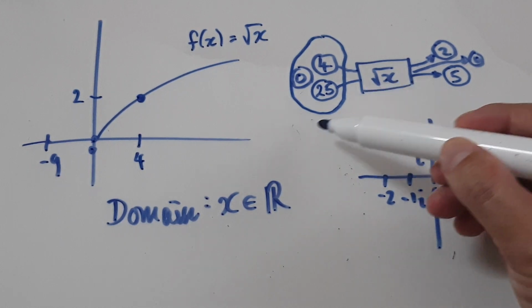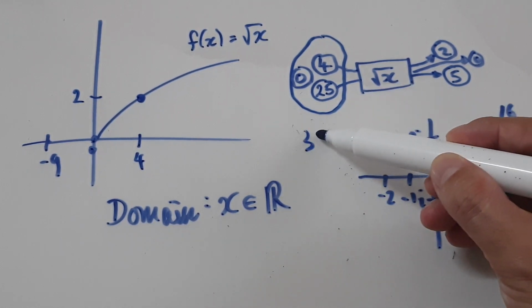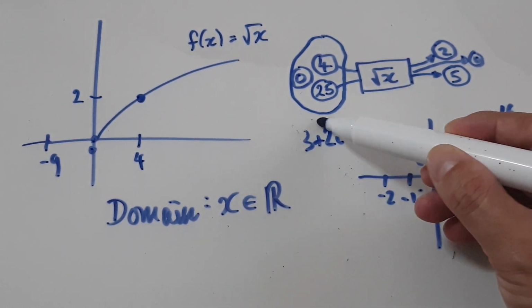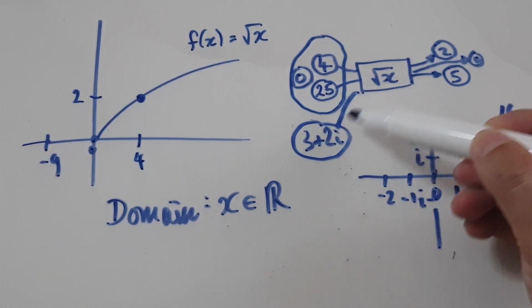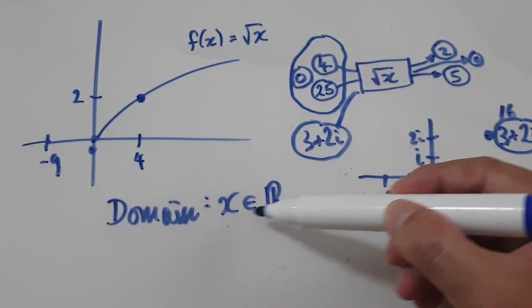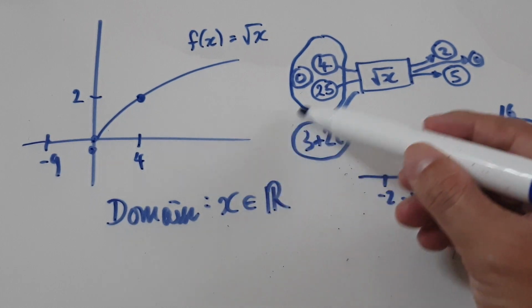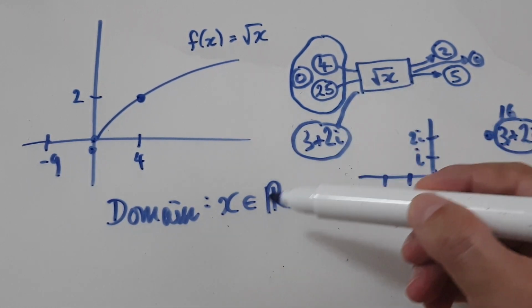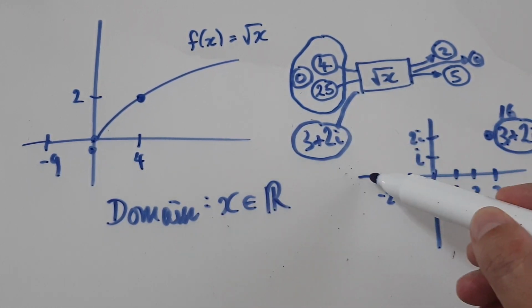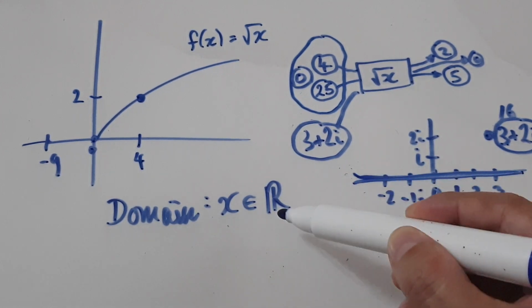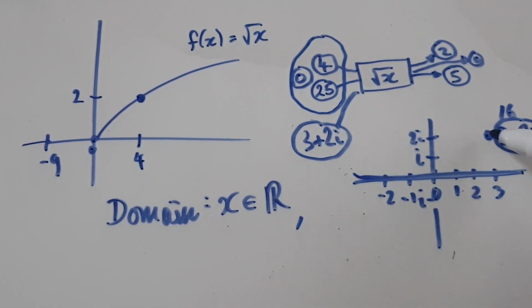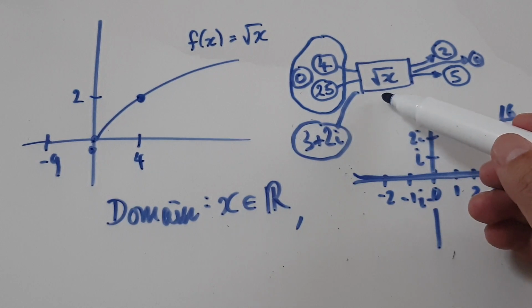So by me writing this, x must be on the real number line. It means that you can't put a complex number into the machine. If you put a complex number into this machine, the machine will break down. So this statement says that you can put anything into this machine so long as you live on the real number line. Don't go putting a complex number in there, otherwise the machine will break down.